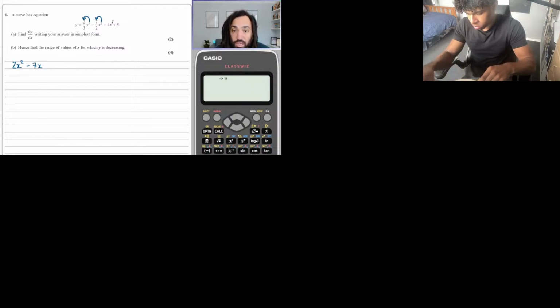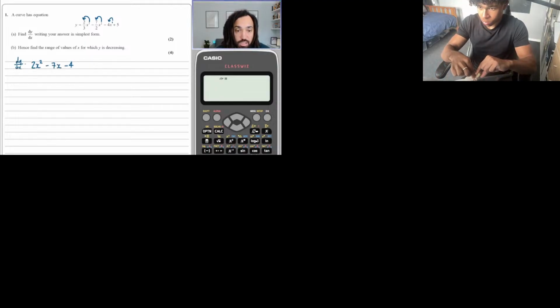Here the power is 1, we times that by the coefficient, that gives us -4, and drop the power down, it gives us x to the 0, so we can just not bother writing that, because that's 1. And this is 5 times x to the 0. You times the 0 by the 5, and you get 0. So any constants differentiate to 0, and that is a good job. I'll move that over here because I should have written dy by dx equals. You can get marked down for not doing good notation, so make sure you do.